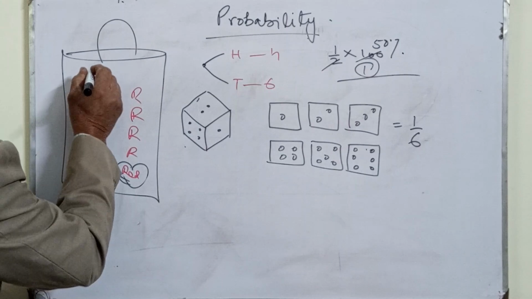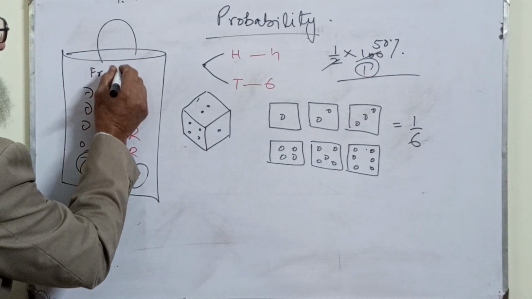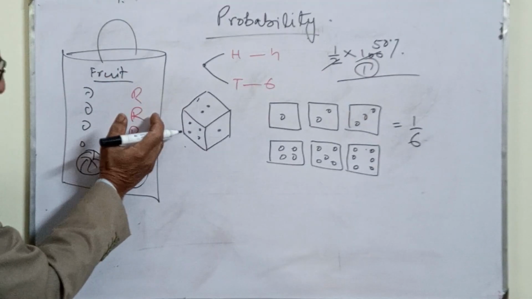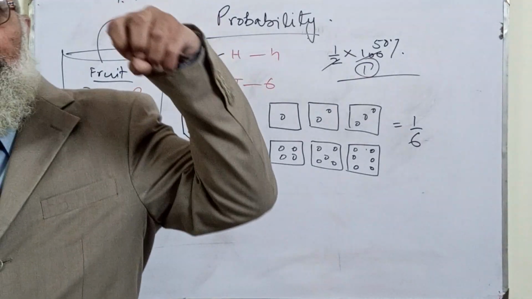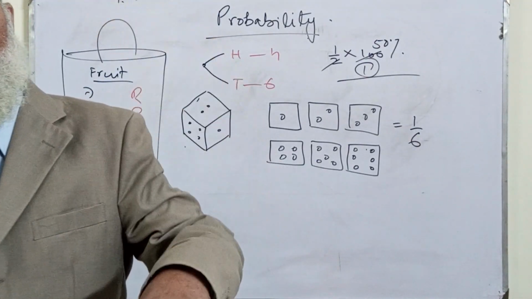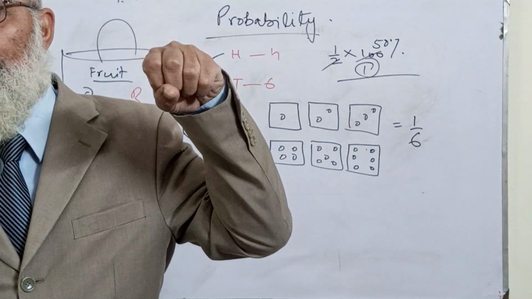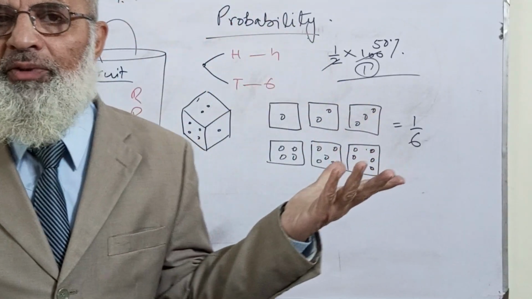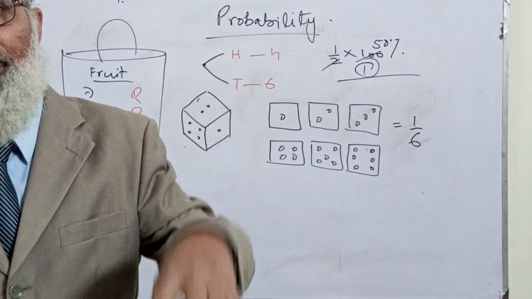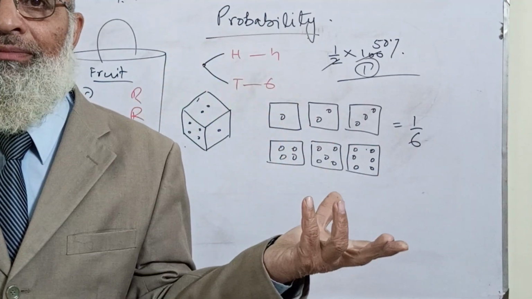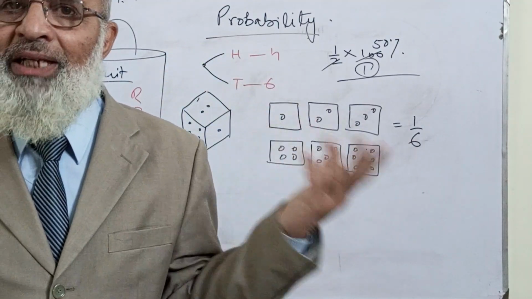If I take them as a fruit, both are fruit. Now what is the probability that I'll fetch one fruit out of it? It is again 1, because each time I fetch one thing from the bag, it will be a fruit.